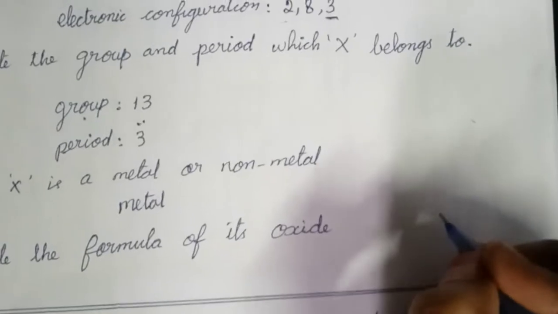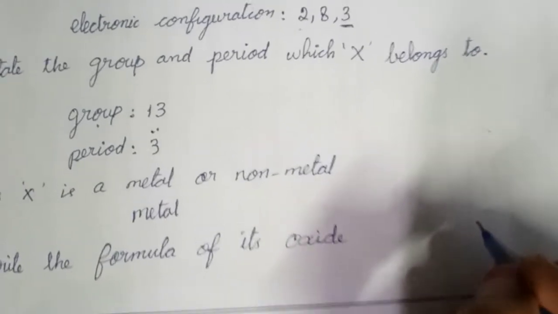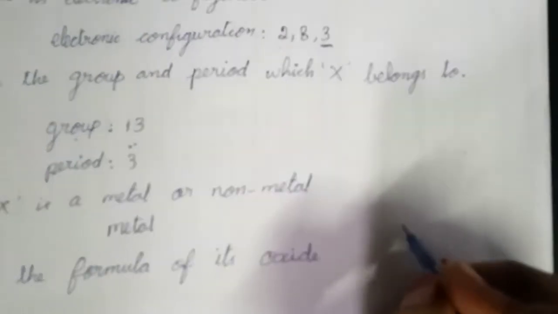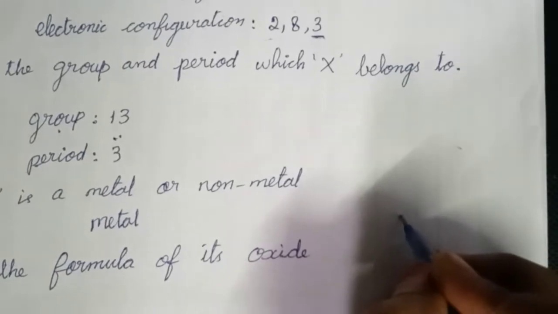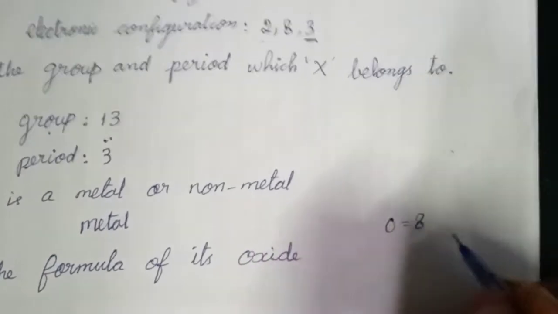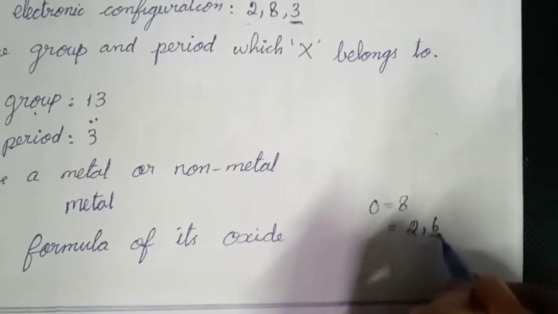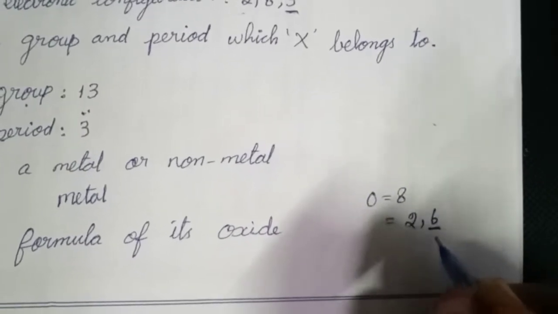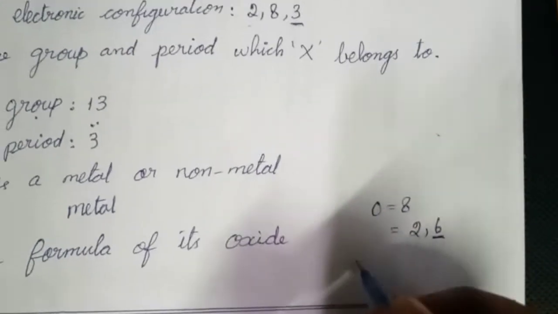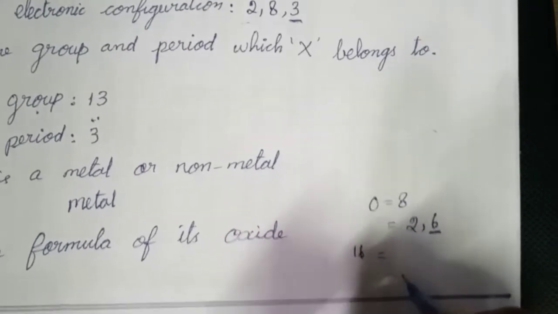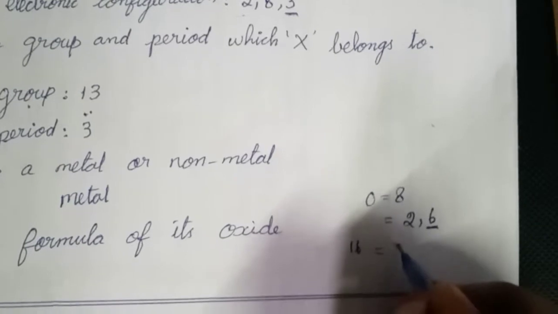The valency of oxygen is 2. If you don't know, write the atomic number of oxygen, 8, and its electronic configuration, 2, 6. 6 means it belongs to which group? Group 16. The valency of group 16 is 2.